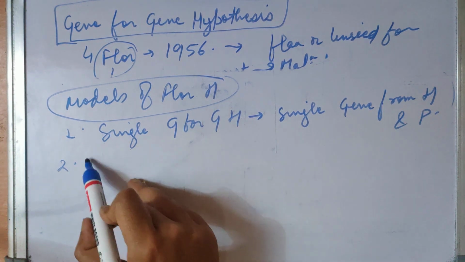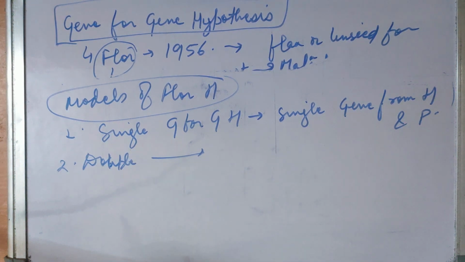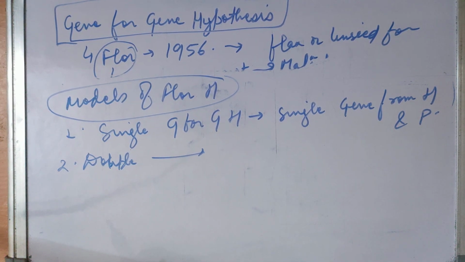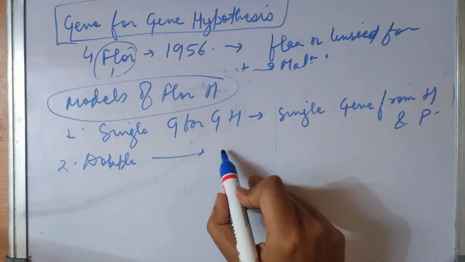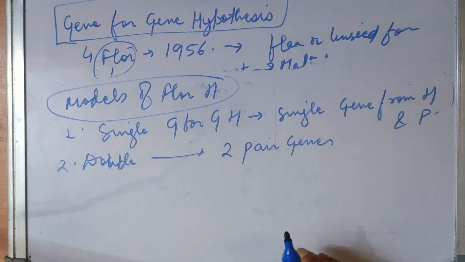Secondly, the double gene for gene hypothesis. Here, two pairs of genes are involved in the host pathogen interaction.